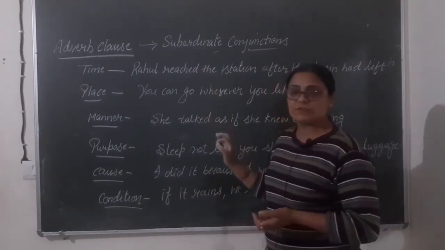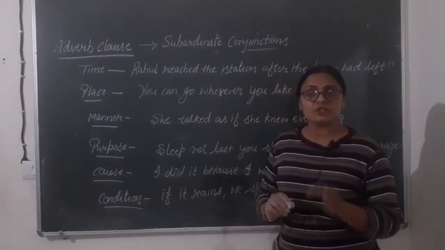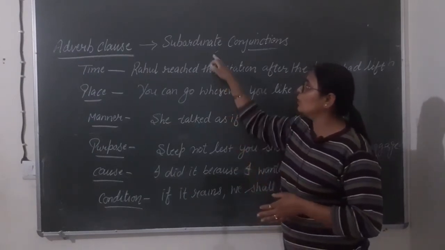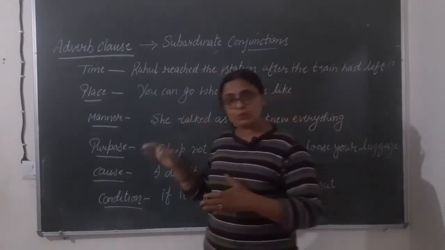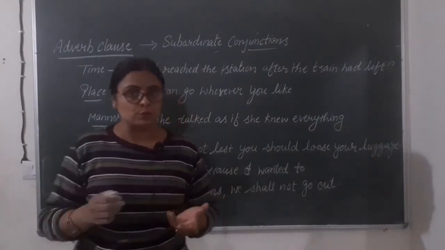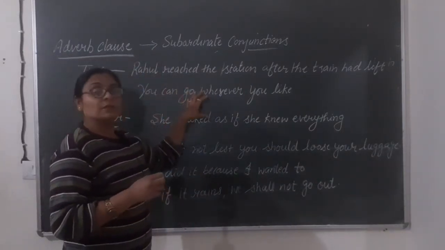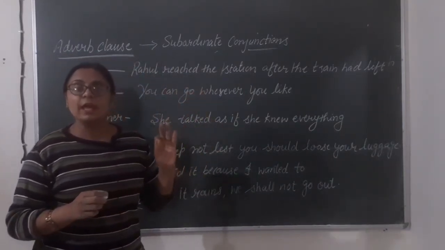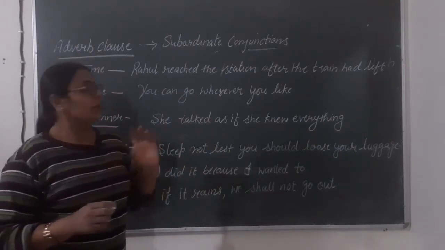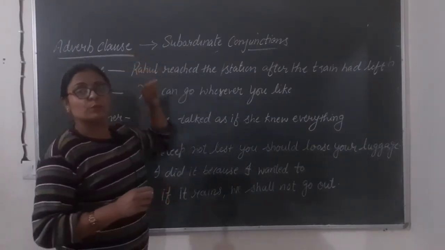One example I have taken, and I will underline the conjunction also so that you can come to know how the subordinate conjunction is used to identify adverb clause. And here these conjunctions are working as an adverb. Fine. That's why these are known as adverb clauses.